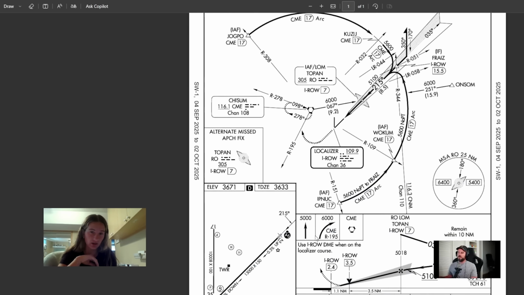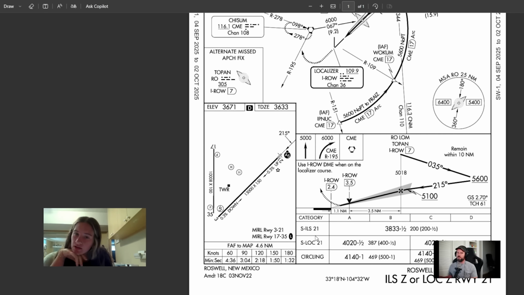Can I descend 100 feet AGL, or descend to 100 feet AGL? This ILS takes us to 200 feet AGL minimums, so we would descend 100 and be right in the middle. So if I was doing an ILS down to 300 feet AGL, you can only descend another 100 below minimums.